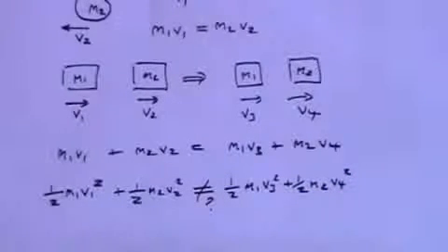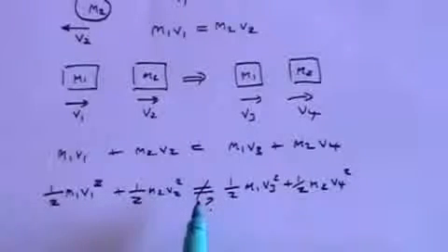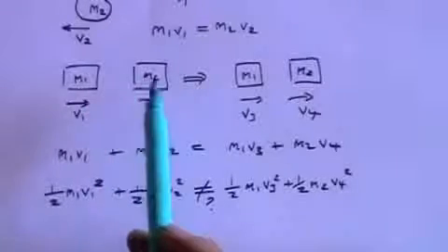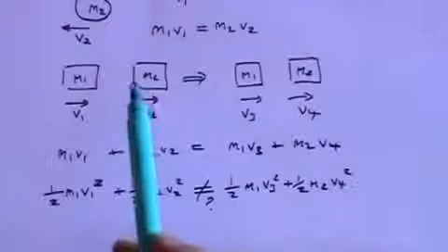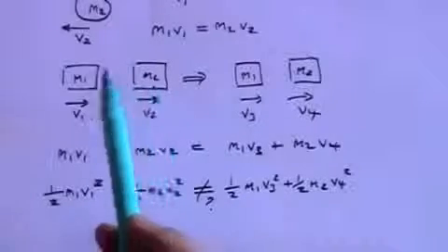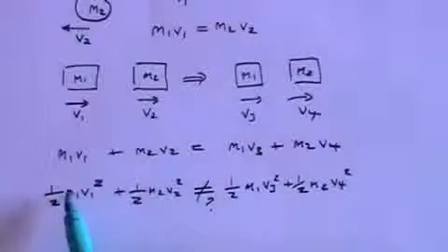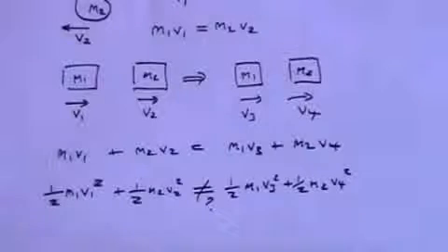And why may that not be the case? Because some energy may have escaped in another form. For example, when these two bodies collided, maybe they made a sound, maybe there was some heat, maybe there was some friction, and all of that would be energy that would be lost from this equation. Energy is always conserved, but not necessarily as kinetic energy.